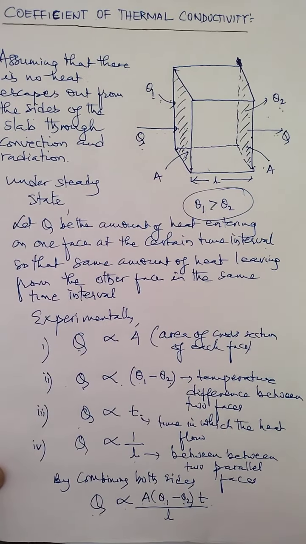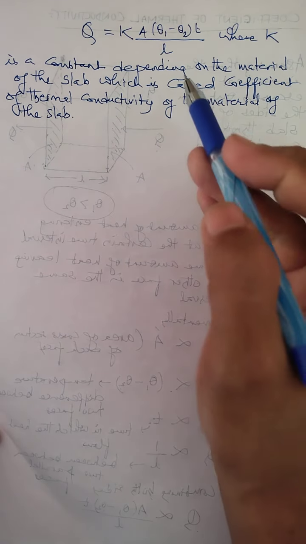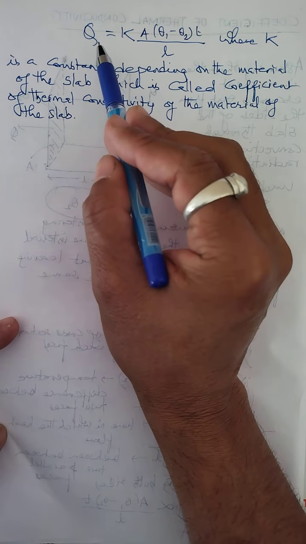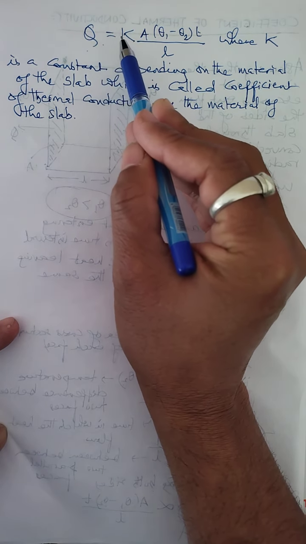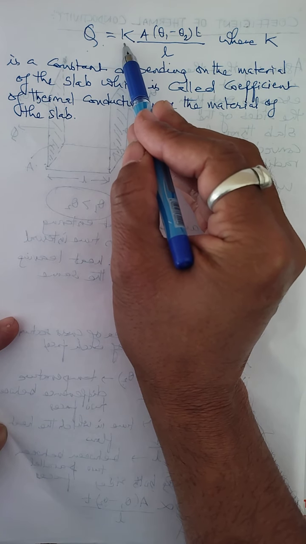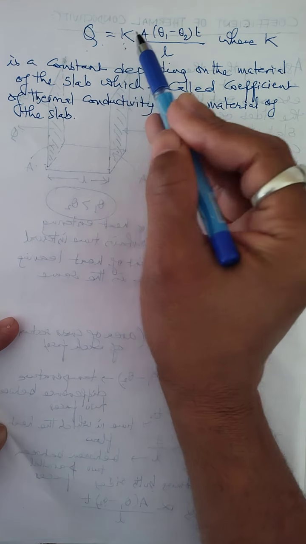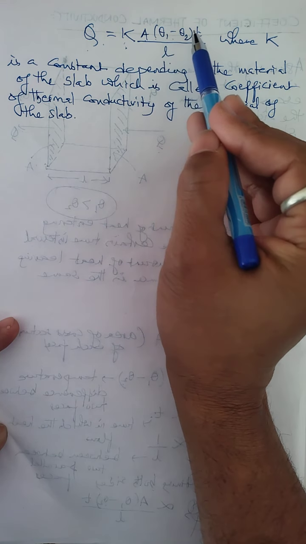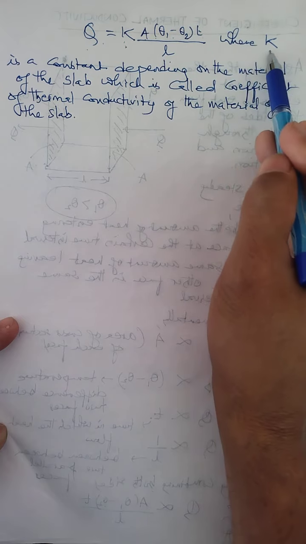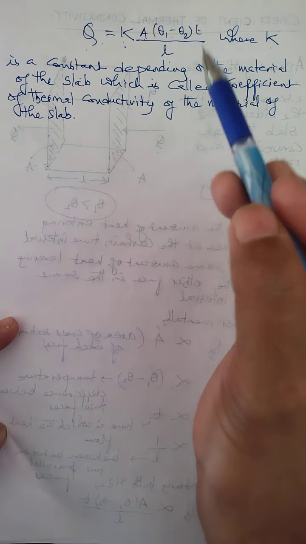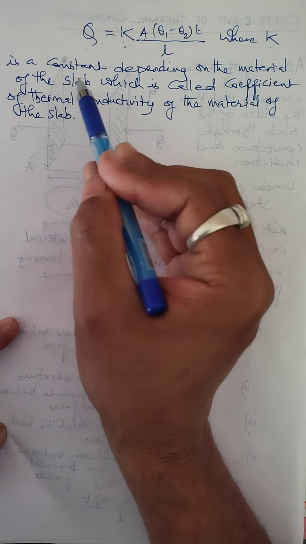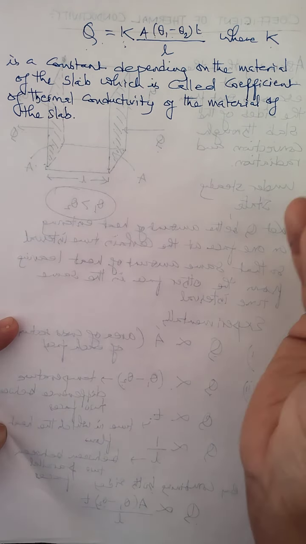Now you know very well, children, that when the proportional sign is removed to an equals to sign, you have to put some constant. So let me remove now this proportional sign to an equals to sign. After removing it, the relation can be written as Q equals to, now I have used the symbol capital K, into A (θ1 minus θ2) T by L. Now this capital K is a constant of proportionality, and this constant completely depends upon the material of the slab, because all slabs are not made of the same material.